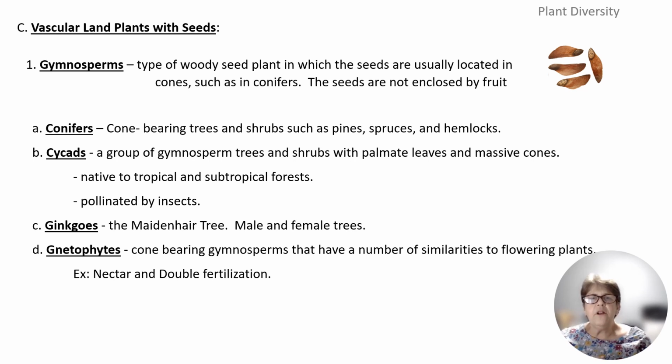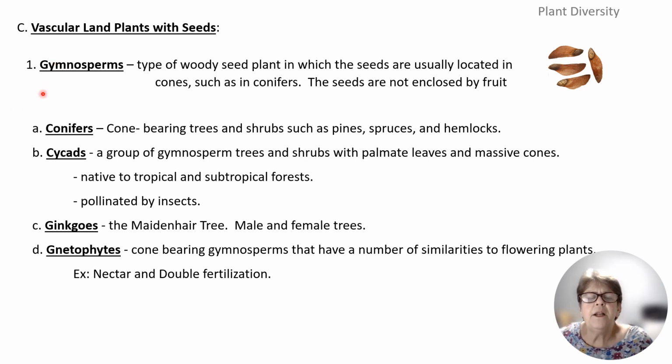So for the vascular land plants with seeds, we have two groups, the gymnosperms and the angiosperms. The gymnosperms are a type of woody seed plant, so they'll be like trees with wood on the stem. And the seeds are usually located in cones, such as in conifers, and the seeds are not enclosed by a fruit.